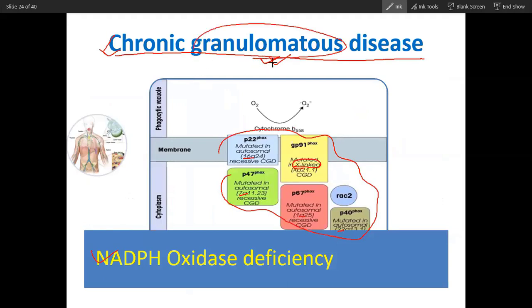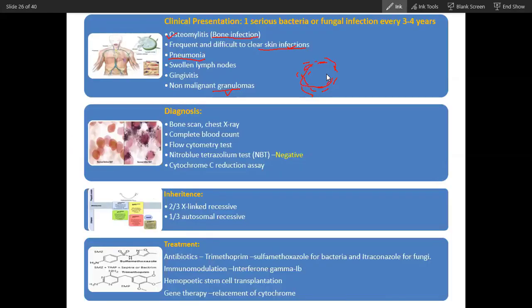Chronic granulomatous disease is because of infection. Our body will try to contain that infection by fibrosis. So that is why granulomas. A granuloma is nothing but a fibrotic capsule. So slowly granulomas will develop, and lymph nodes will swell.